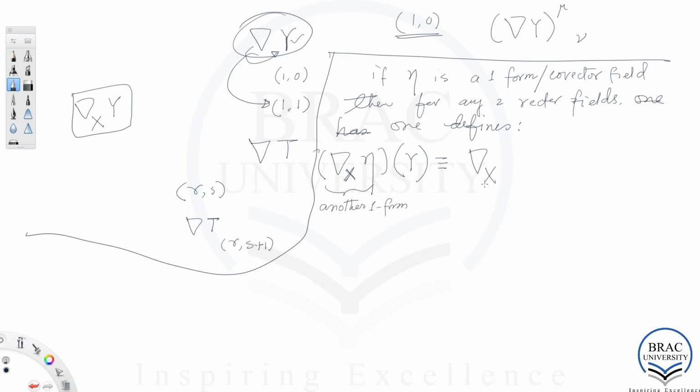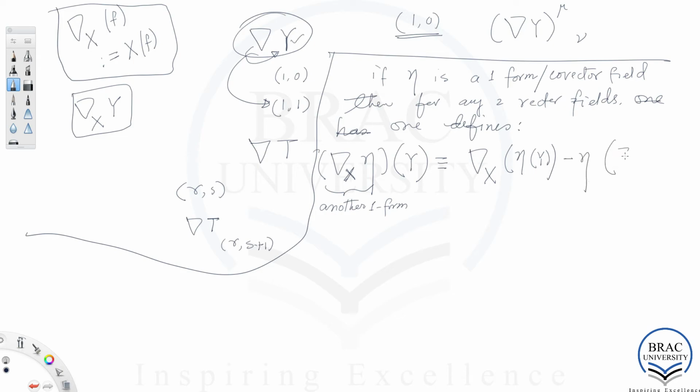See that nabla X acting on a scalar function is by definition simply Xf, simply X acting on f, which is a function. So nabla X acting on this scalar function eta(Y), minus eta, which is a one form, acting on this vector field nabla X Y. So this is a function.